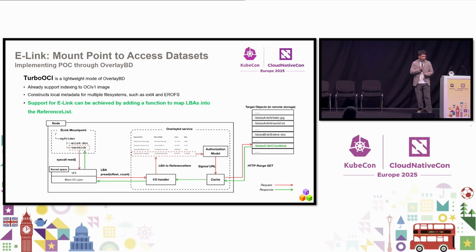Since OverlayBD provides a backend implementation of a block device, the I/O request from the mount point will be converted into simple read and write operations through the file system and block driver. That is also one of the important reasons why we chose OverlayBD.